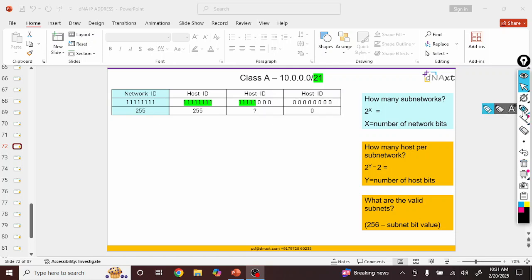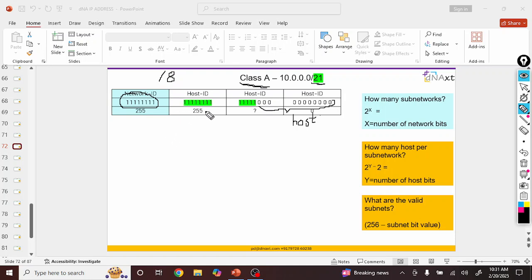We are discussing /21 in this video. So /21 means that there are 21 bits of the network and remaining 11 bits are of the host. So these are 11 host bits. These are 21 network bits, out of which these 8 bits are the default network bits, because we are talking about class A, and for class A the default subnet mask or default CIDR value is /8.